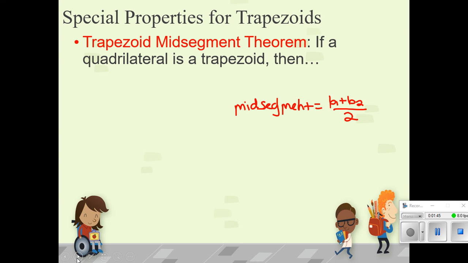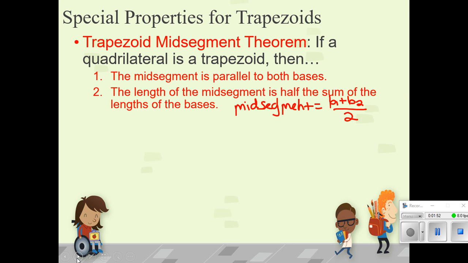Trapezoid mid-segment theorem. If a quadrilateral is a trapezoid, then the mid-segment is parallel to both bases. The length of the mid-segment is half the sum of the lengths of the bases. So the mid-segment is base 1 plus base 2 divided by 2, because it's halfway between them.